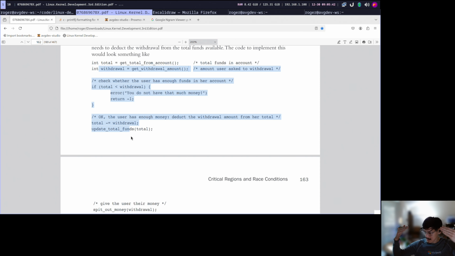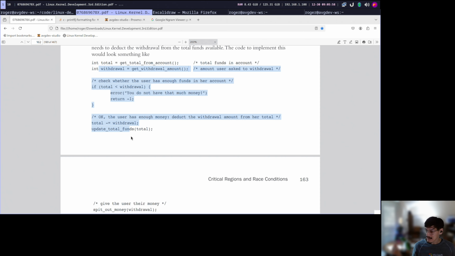But then going down through the whole flow, let's say that person is slower to input things, and then that person's wife is probably inputting much faster to withdraw.